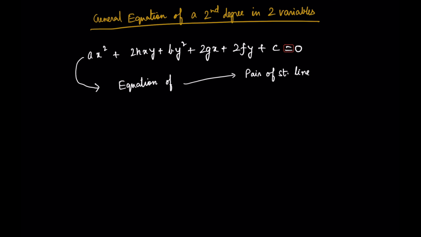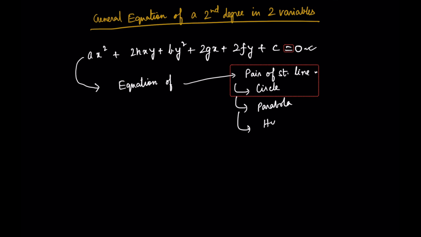We will be seeing this in this chapter: what are the conditions when this equation will represent a pair of straight lines? It can be a circle. There will be certain conditions when this will become a circle. It can represent a parabola, a hyperbola, or an ellipse.